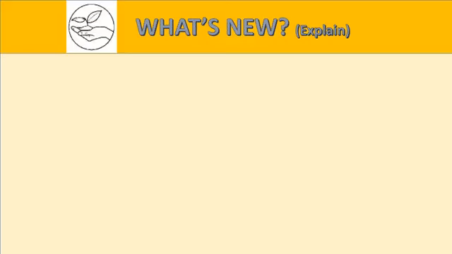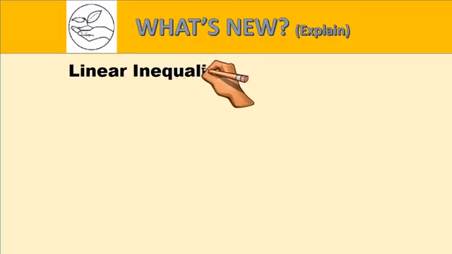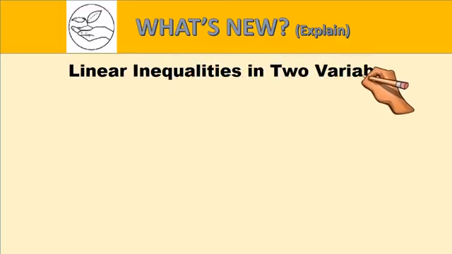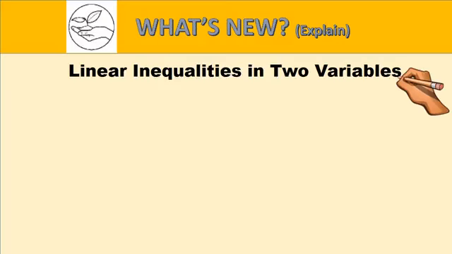What's new? The situations given under the inequality in our trivia game can be translated in mathematical sentences through the concept of linear inequalities in two variables. What is it then?